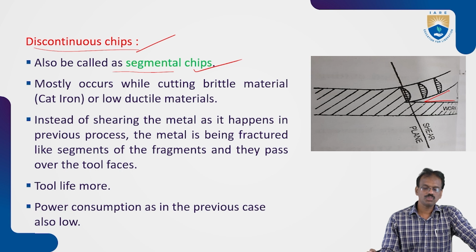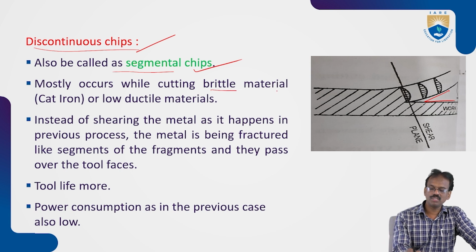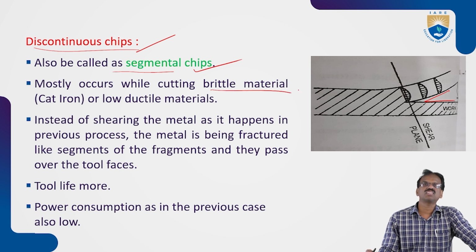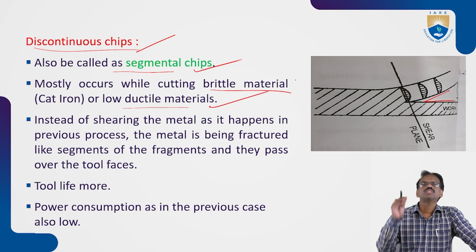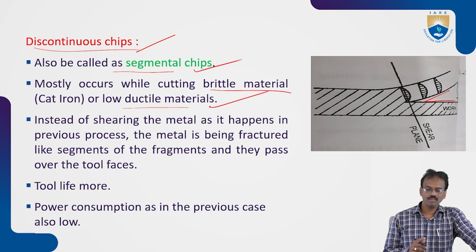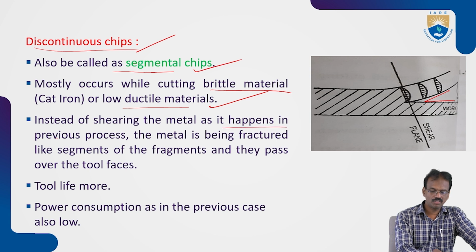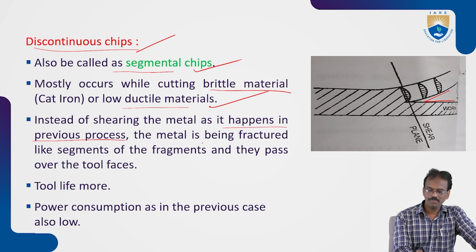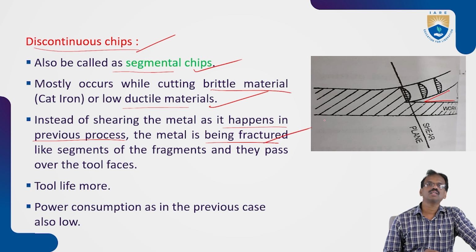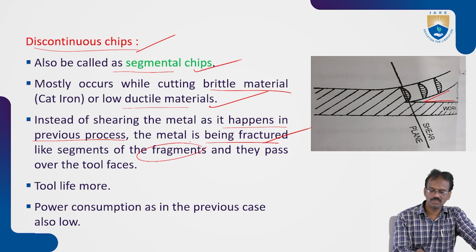These mostly occur while cutting brittle materials like cast iron, or low ductile materials. Instead of shearing the metal as in the continuous process, here the metal is fractured into segments, or fragments, and they pass over the tool faces.